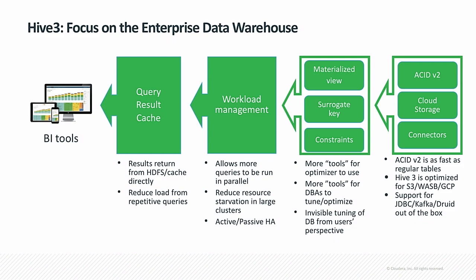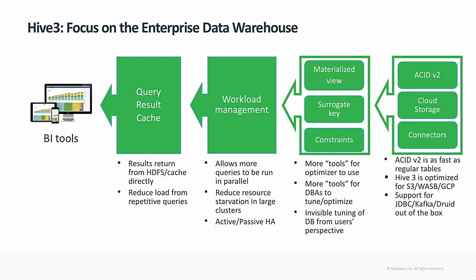Some of the stuff that we've added, like the query results cache. So basically, Hive can save the results of previously run queries, so that rather than having to actually run the query again, it'll just give you back the saved results. We've added query workload management for LLAP.